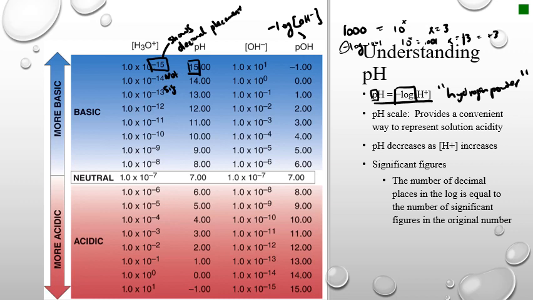The number out in front that's underlined, the 1.0, correlates to the number of decimal places that I will use for my pH. Since the 1.0 has two significant figures, I place 2 digits after the decimal point. So when I write 15.00, that will have 2 significant figures.